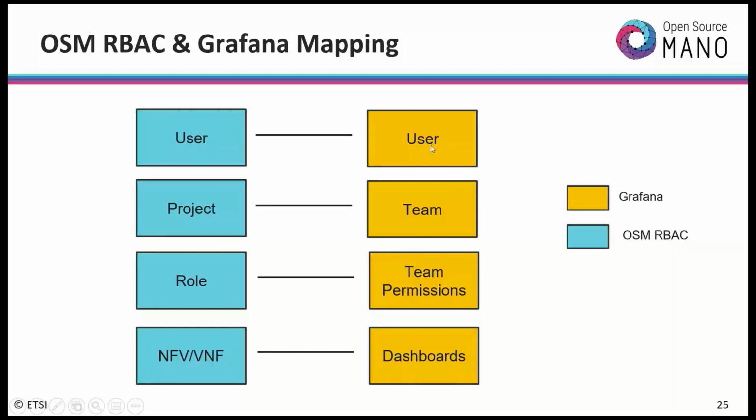Now, the users are directly mapped to the users. The projects are mapped to the team. The roles are mapped to the team permission, and the network services or the VNF have the dashboards.